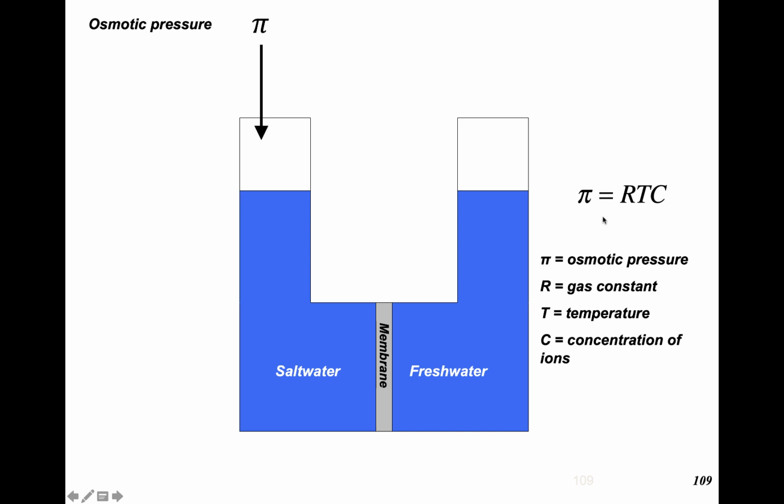And for an ideal solution of ions in water, we calculate the osmotic pressure as RT times the concentration of ions in water. This has an analogy to the ideal gas law, and it comes about from ideal solution theory, as you might recall. And so this osmotic pressure is directly related to the concentration of ions in the water.